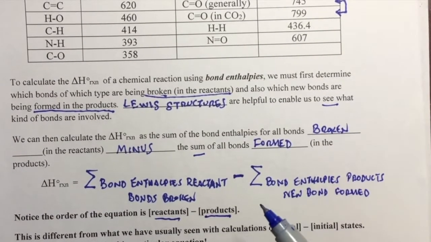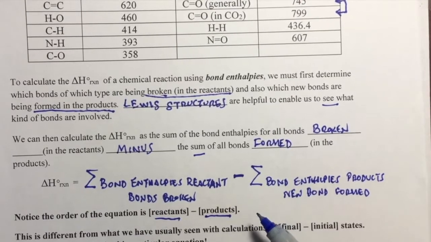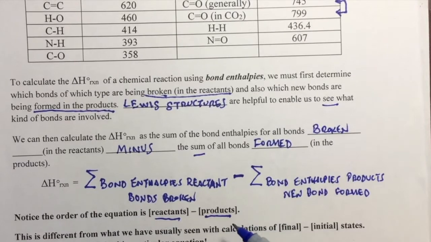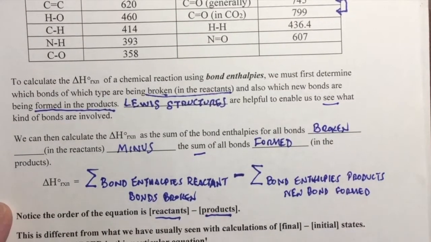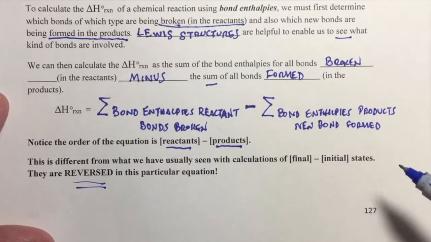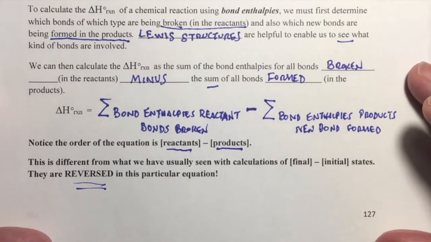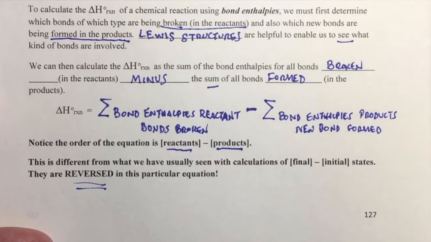This is the first time I have given you an equation that does not have the final in the first position minus the initial. Notice how it is reversed from the final minus initial. This is the only time I've given you an equation like this, where it's reactants minus products.